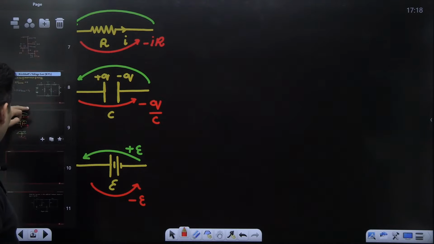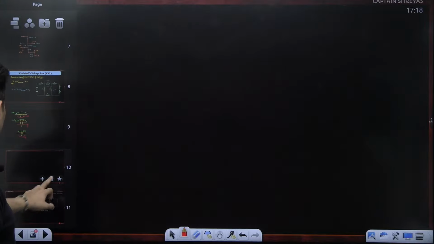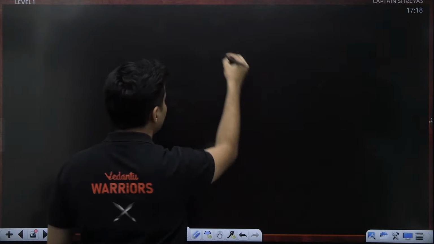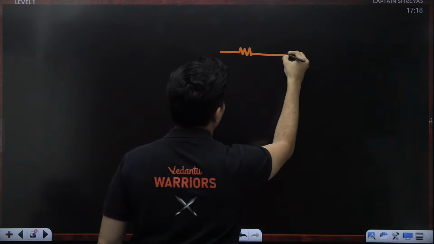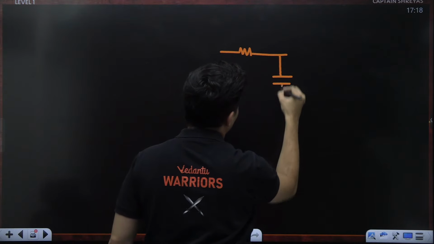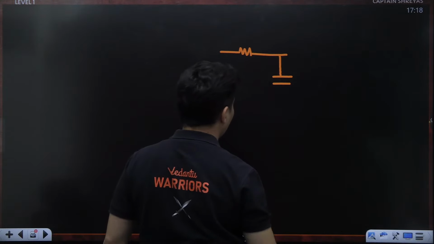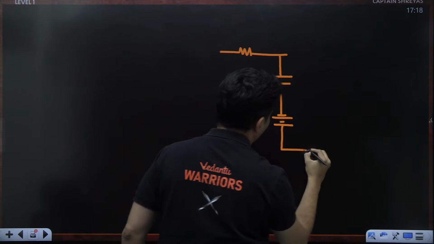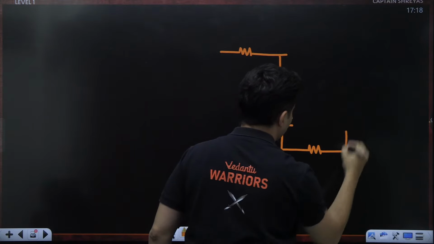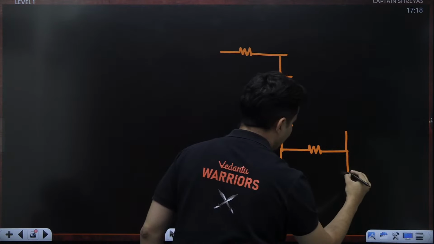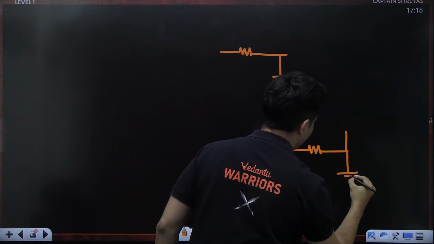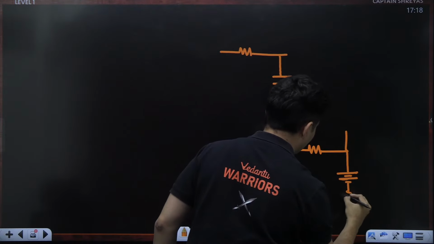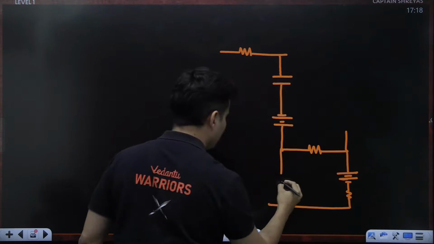So say for example, my dear warriors, let's take a random circuit with some elements in it. Let's say there is a resistor here, and then there is a capacitor here. Then there is maybe some kind of a battery here. Then there is a resistor here, some terminal here, then maybe some battery over here, some resistor here, like this.